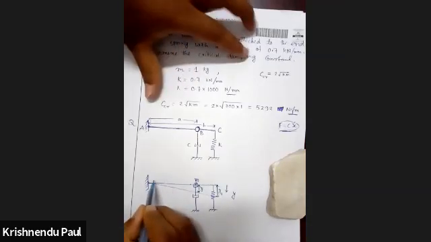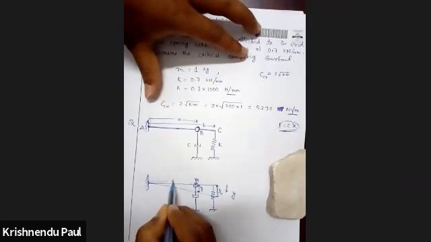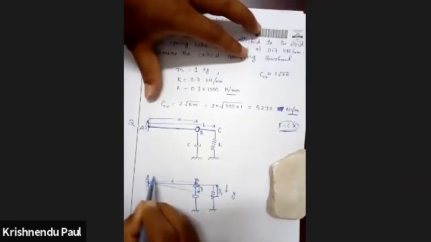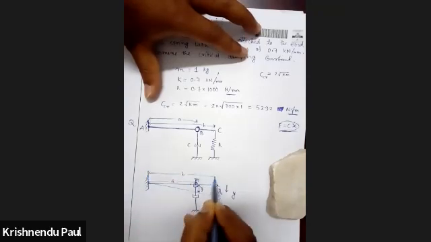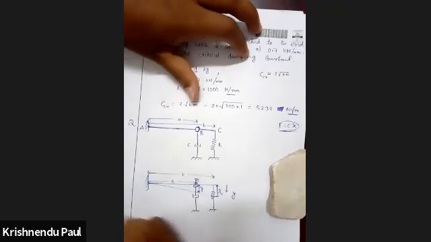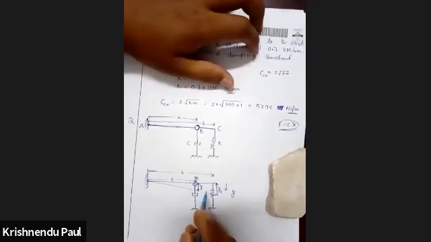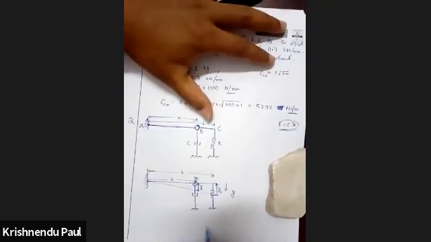Yes, sir. And you know that this distance is a, and this is equal to b. So it is very obvious that, from a similar triangle, y1 by b is equal to y by a.